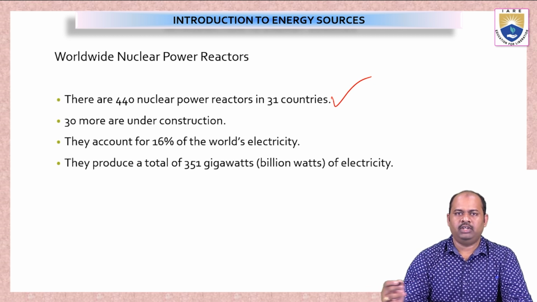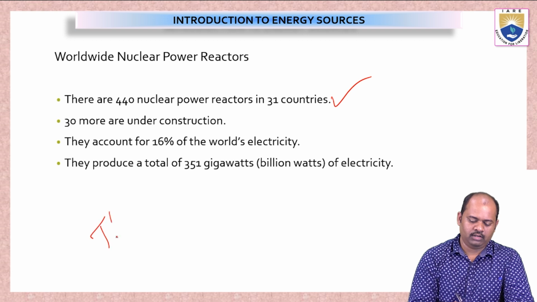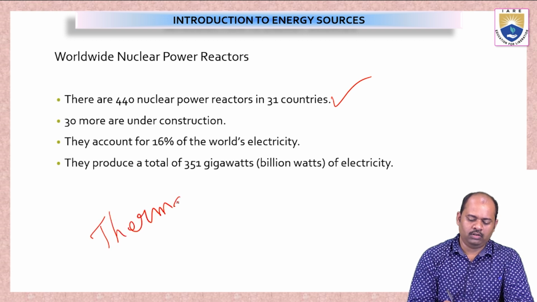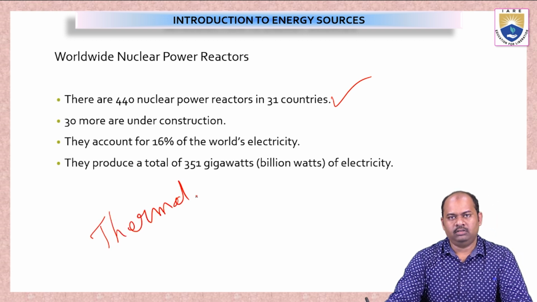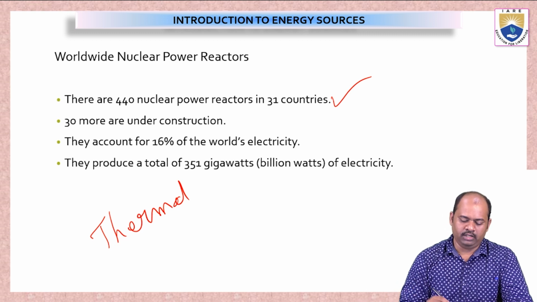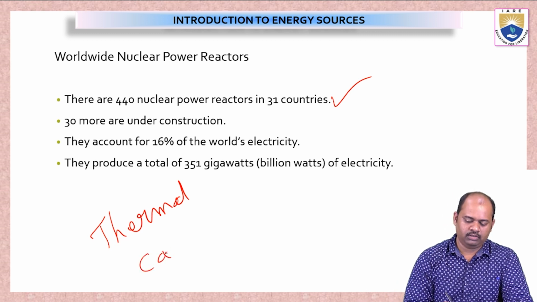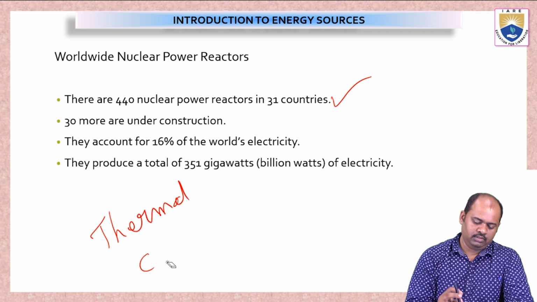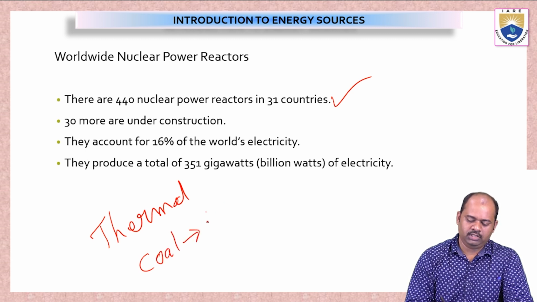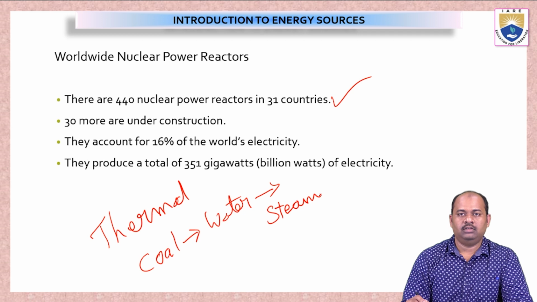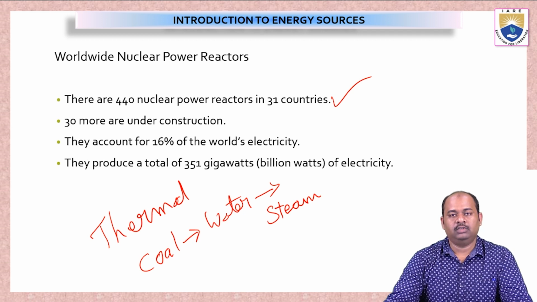We know the working of a thermal power plant, where we will use coal for boiling the water. When the water is boiled, it forms steam. When this steam is made into high pressure steam, it is fed onto the turbine.